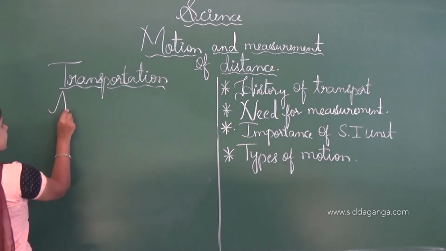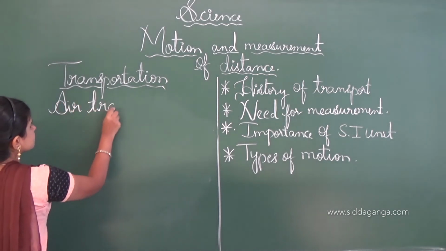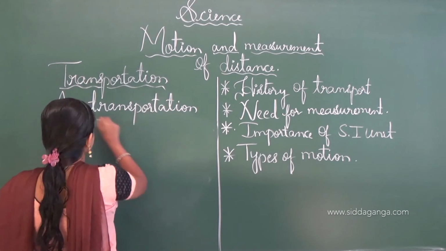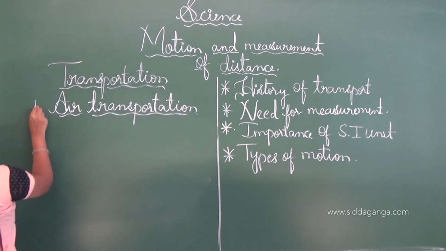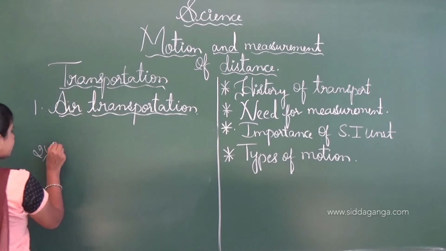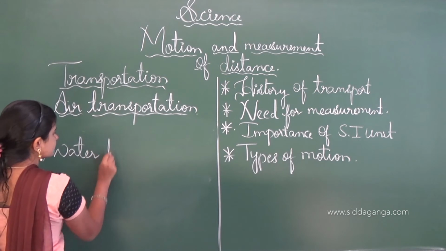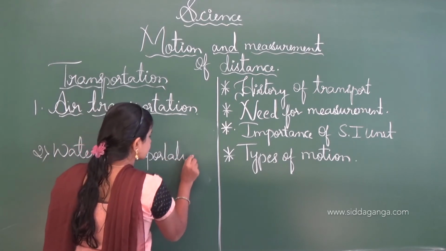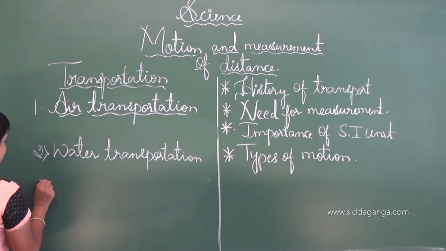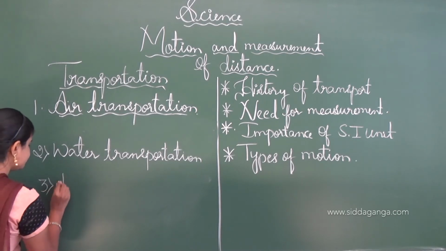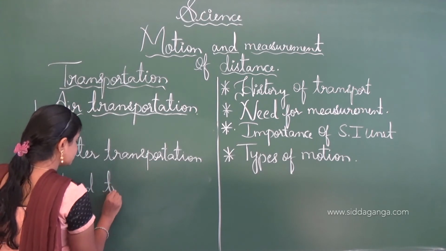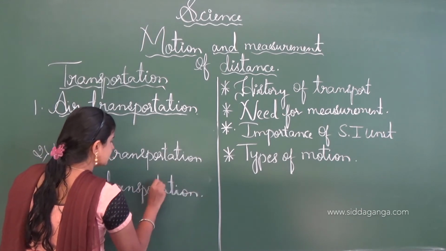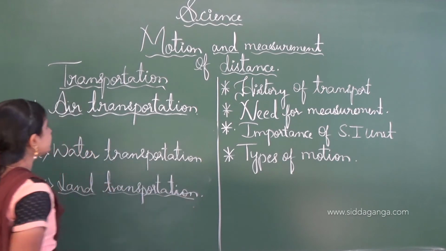First one is air transportation, next one is water transportation, and third one is land transportation. See, first one is the air transportation.